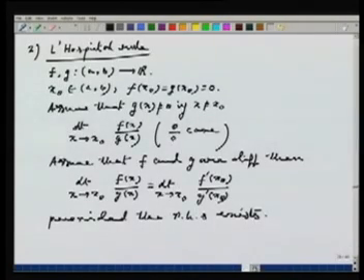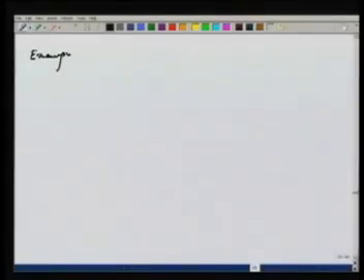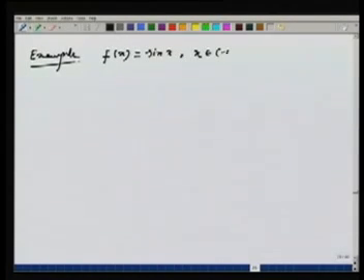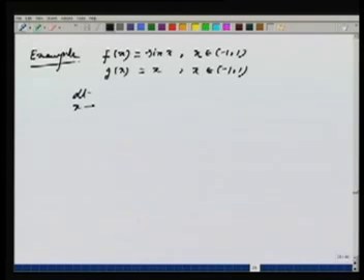As quick examples, we can look at, let us say, f(x) equals sin x, x in (-1,1), g(x) equals x, x in (-1,1), and I am interested in finding the limit as x goes to 0 of sin x by x.